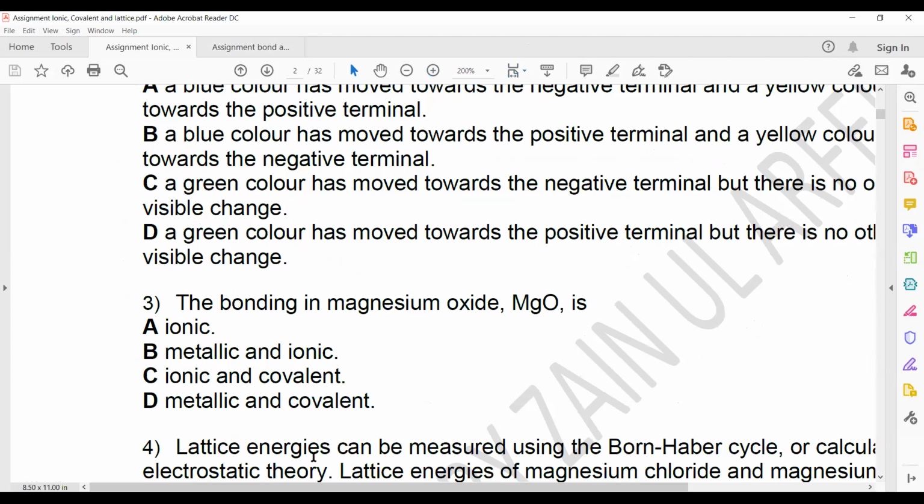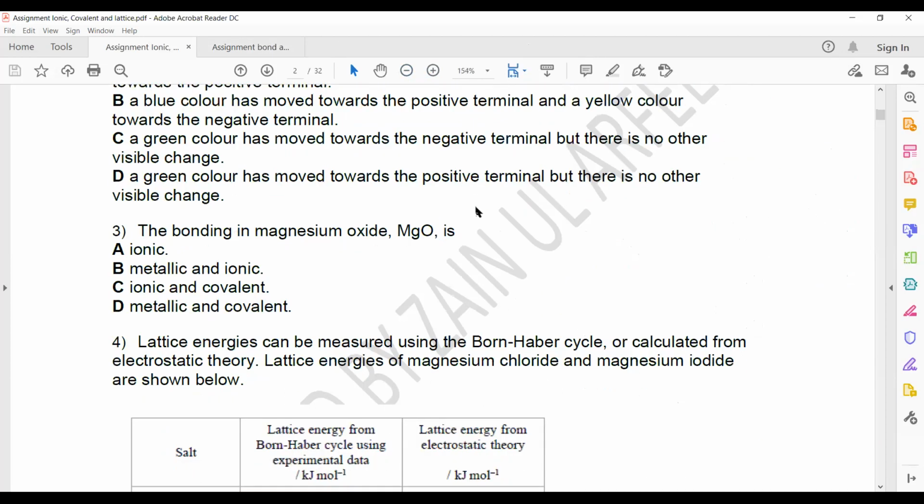Magnesium oxide is what? Ionic compound, metallic, ionic, covalent, metallic and covalent. So it's ionic because it is metal and non-metal, so it's perfect ionic. Even if it's not perfect, the bonding is ionic.